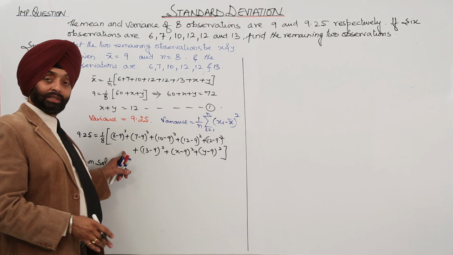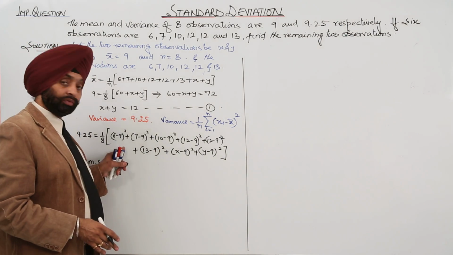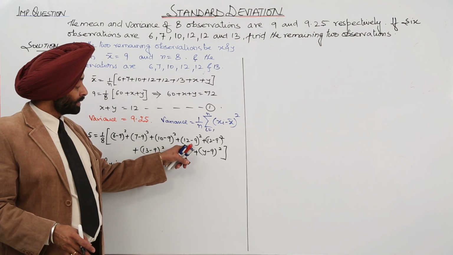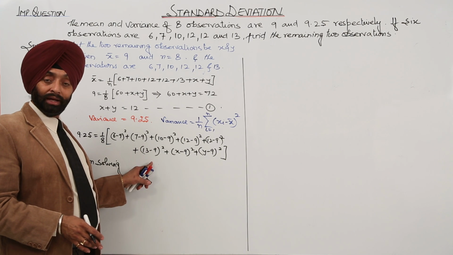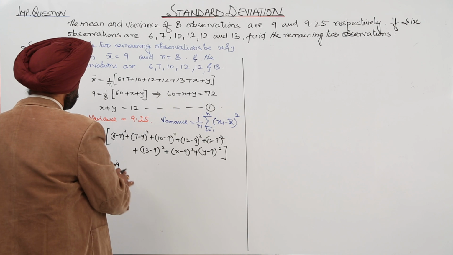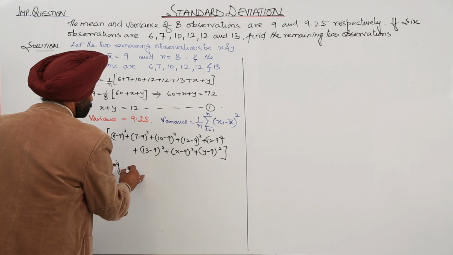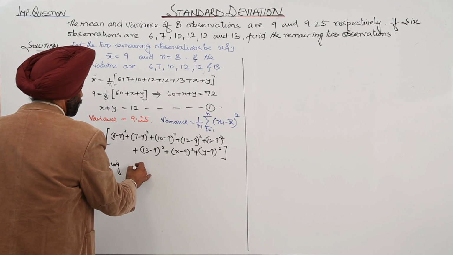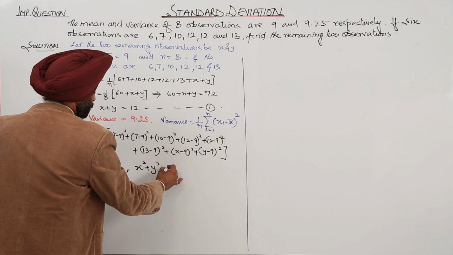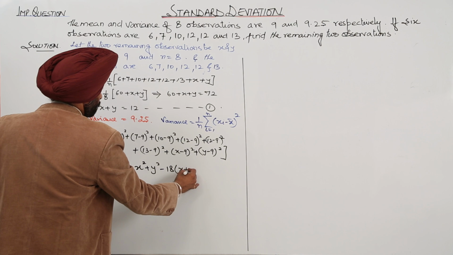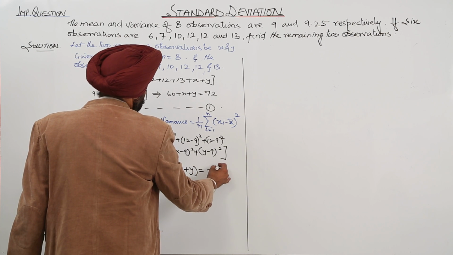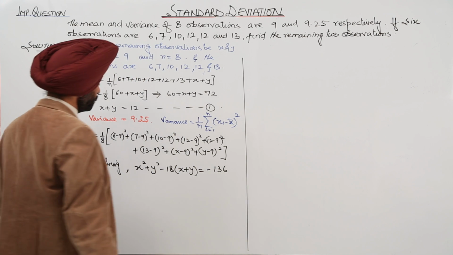Okay, 6 minus 9, it is negative of 3, but square will be 9, 4, 1, again 9, 9 and 16. Okay, so what we are getting on solving, we will be having x square plus y square minus 18 times x plus y is equal to negative of 136.